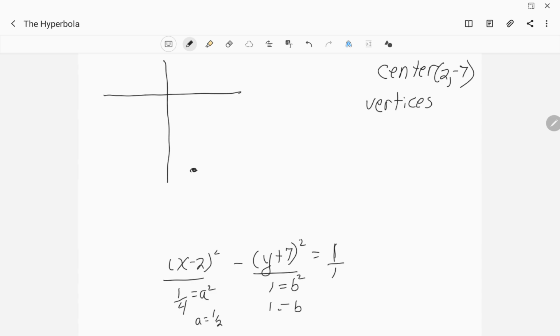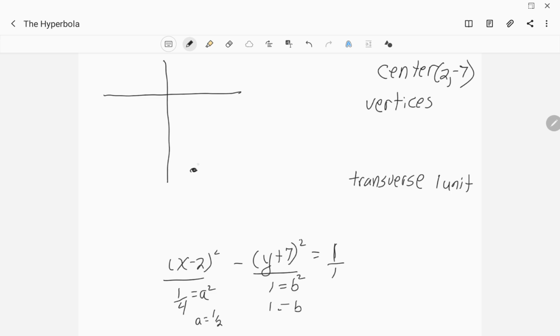If that is where my center is, my a is underneath my x's, meaning my transverse axis is going to go across, and I'm going to go half a square that way and half a square that way, meaning the total length of my transverse axis is just 1 unit.